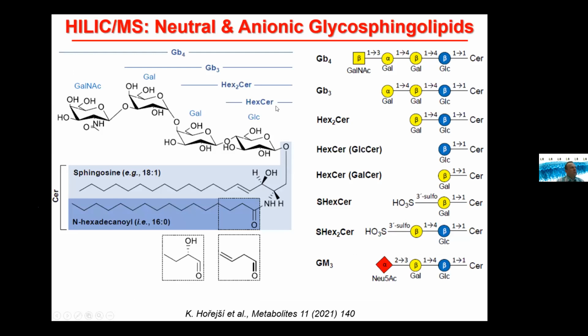Now I would like to show you some smart applications of HILIC applied to various classes of glycosphingolipids, both neutral and anionic. You know this nomenclature already from previous lectures. We separated many neutral glycosphingolipid classes in the first paper, and then in the second one we focused on gangliosides.